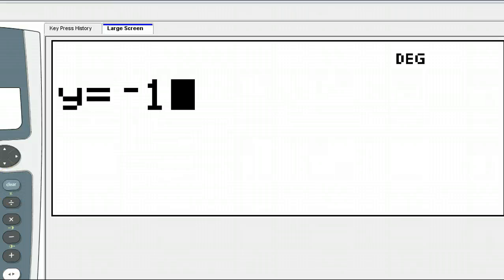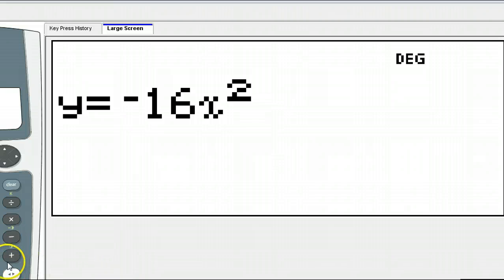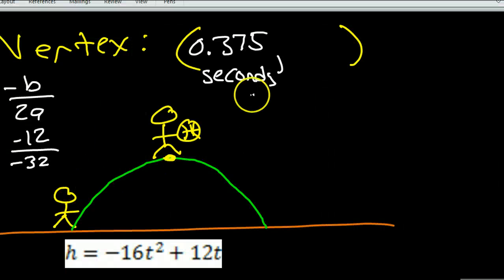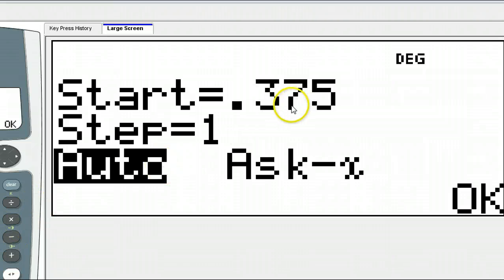Negative 16t squared plus 12t. And we want to know what happens at time 0.375. So that's where I will start.